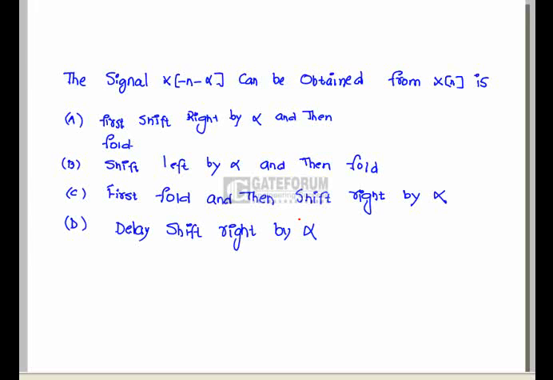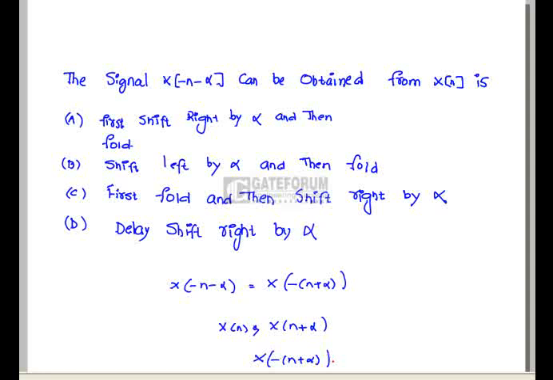Question is, the signal x of minus n minus alpha can be obtained from x of n is. Here x of minus n minus alpha can be written as x of minus of n plus alpha. x of n plus alpha is obtained by shifting x of n left by alpha and then folding the x of n plus alpha signal, then we will get x of minus n minus alpha.